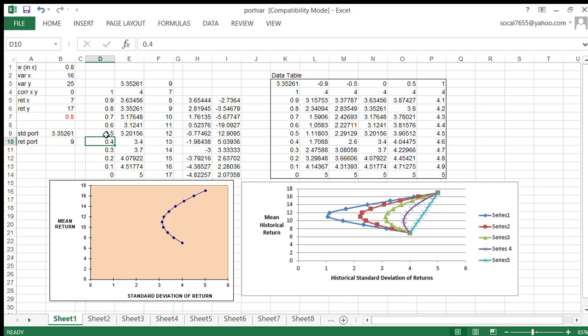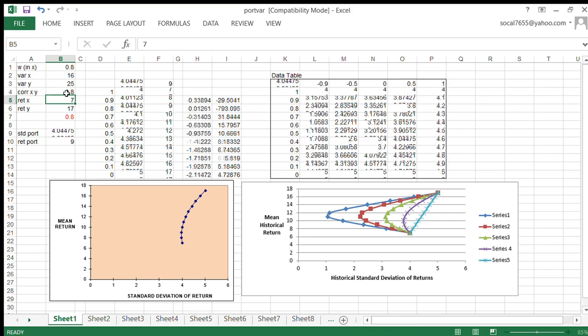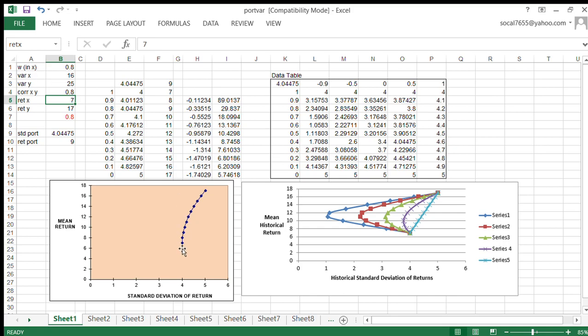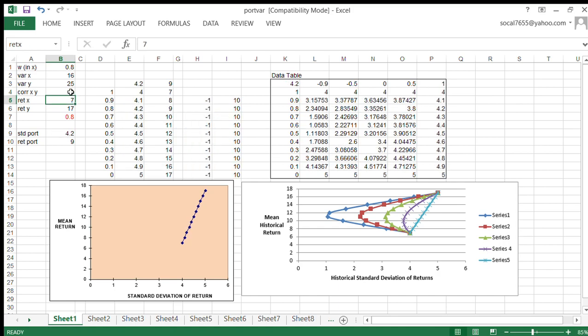Let's change it back to 0.5 in the data table here. Now I'll change the correlation coefficient to 0.7, which is less than 0.8. And we can see that curve still bends back, but let's change the correlation coefficient to 0.8. That curve no longer bends back. Look at 0.9. Definitely easier to see that it doesn't bend back. And then, of course, where we started, if the correlation coefficient was 1, you'd have a straight line.